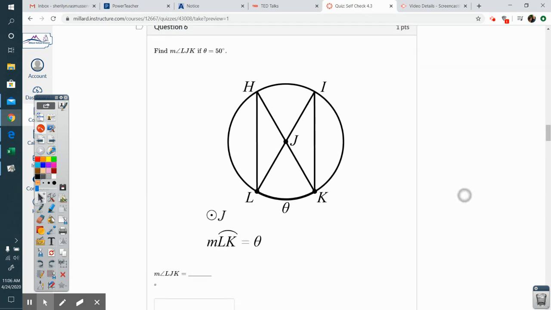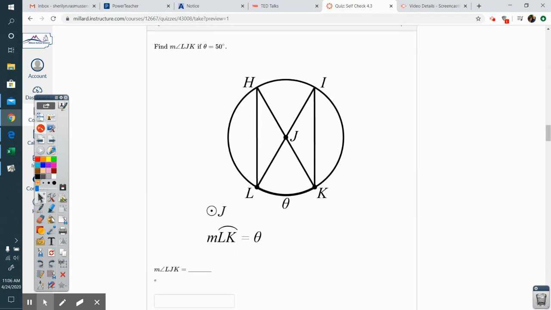Okay. If we're given LKJ right here, and it tells us that that's 50, the question is what LJK is. Well, that is the definition of it. This arc is the same as the center angle that touches the center part. If it went from there to there, this angle would be half of theta.